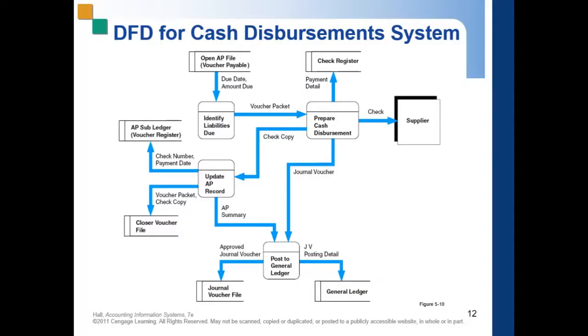If the system makes payments early, the firm forgoes interest income that could have been earned on the funds. If obligations are paid late, the firm will lose purchase discounts or may damage its credit standing. That is why it is important that you know when is the right time to pay, or you should have a proper cash disbursement system so that you can really maximize the flow of your cash.